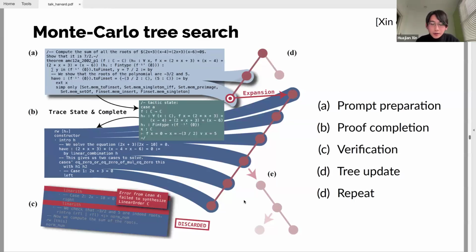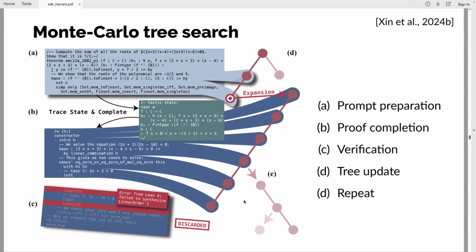I try to understand this question. Maybe you mean that, for example, after applying tactics, we have a tactic state composed of two cases. In the traditional techniques, we take it as a branch from one node to two corresponding nodes.